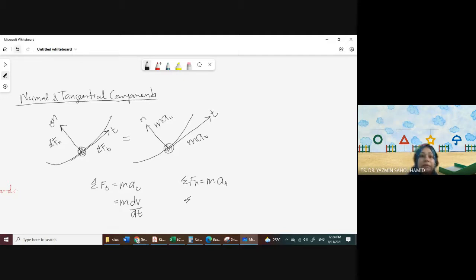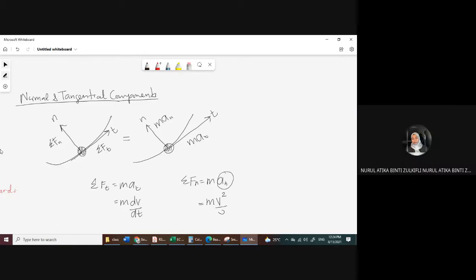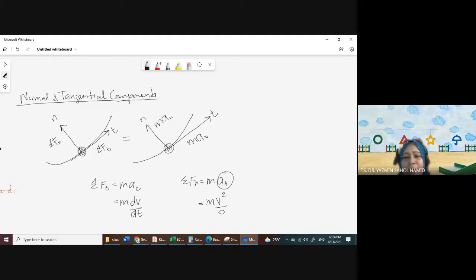Ingat tak? m, and an is v squared over what? Over rho. Rho. Okay, don't be too slow.